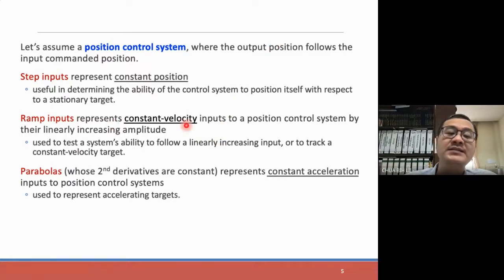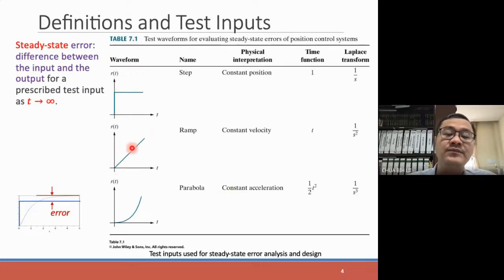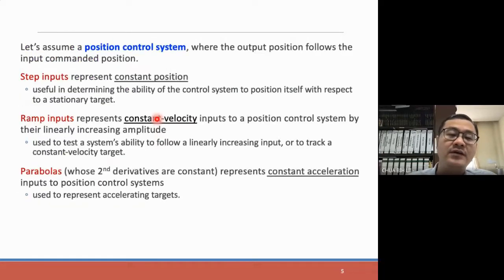This constant velocity refers to the velocity of the motor. So if you put maybe 1 degree per microsecond, the motor will continuously increase the position to 2 degrees, 3 degrees, and so on, to form a kind of ramp input in this kind of input graph, right?